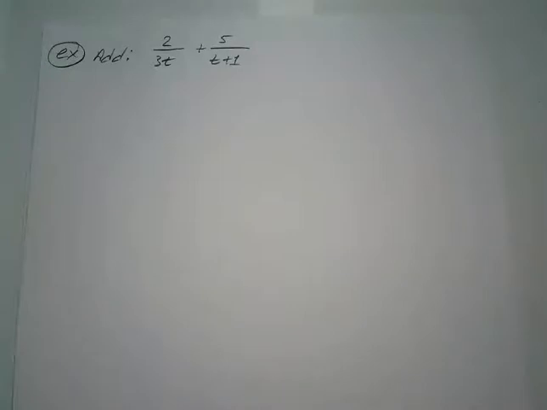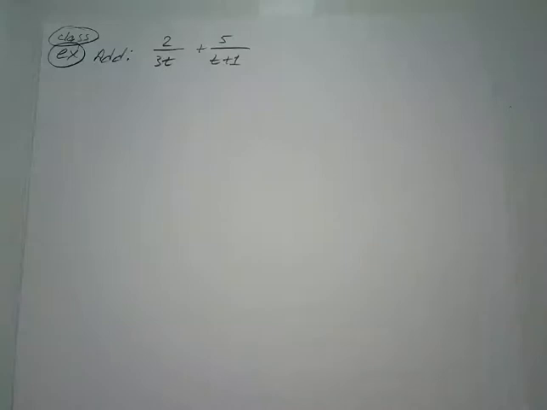Okay, so for this one, I want you to press pause and give this one a try on your own. Alright, so assuming you've pressed pause and you're ready to go, we're going to go ahead and solve this one.